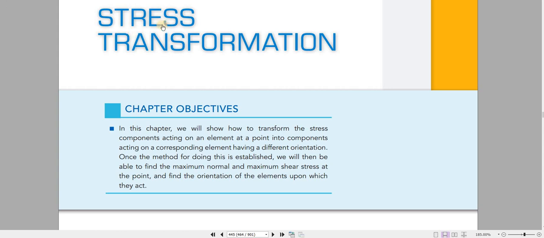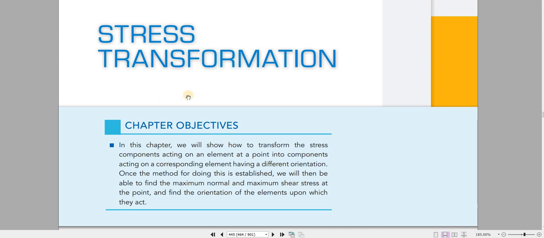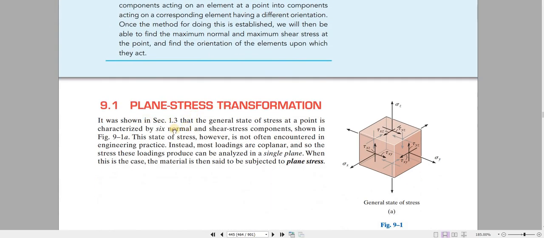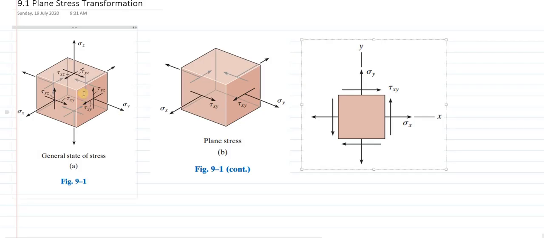Now we are ready to discuss stress transformation, and this is the actual topic that we are supposed to cover. So we will be starting with 9.1, plane stress transformation. We have just discussed that the general state of stress, our three-dimensional state of stress, is represented by this element, and you see the stress components acting on its faces.